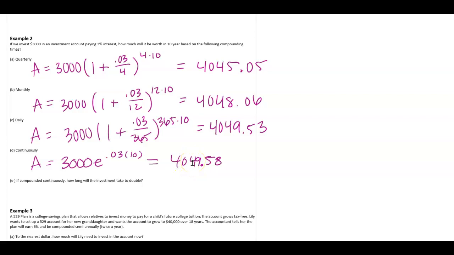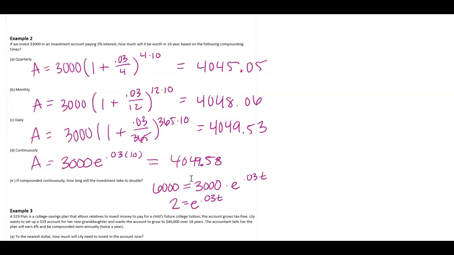Now, if I do compound continuously, maybe I want to figure out how long it is going to take for my investment to double. So I might let this be 6,000 equals 3,000 times e to the rate times time. I'm interested in that double, so I divide by 3,000 to get 2.